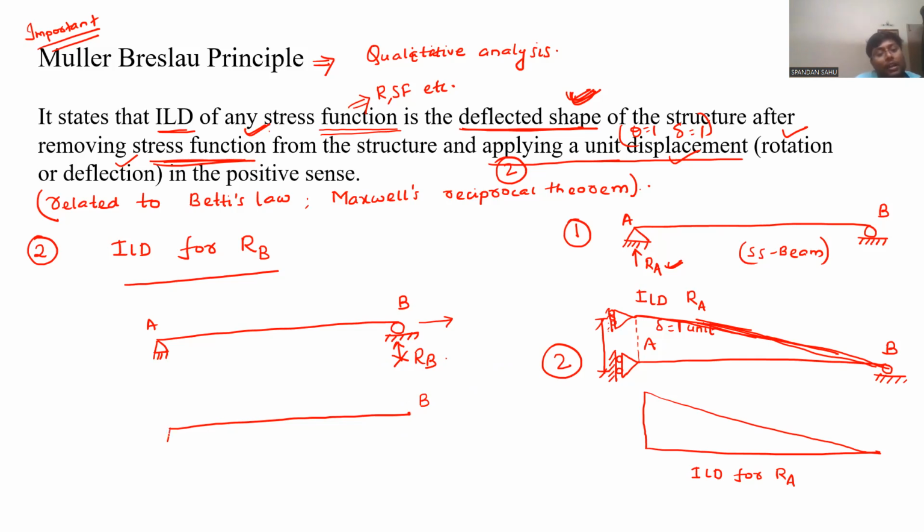Now tell me, A is now a hinge. Then we can apply any unit rotation. Why apply unit rotation? Because, as you said, it shall allow rotation. No, then it also allows HB. But what is our aim? To determine the ILD for reaction RB, that is the vertical reaction RB.